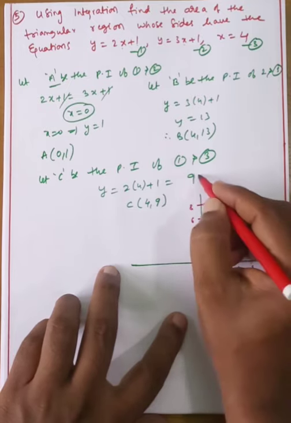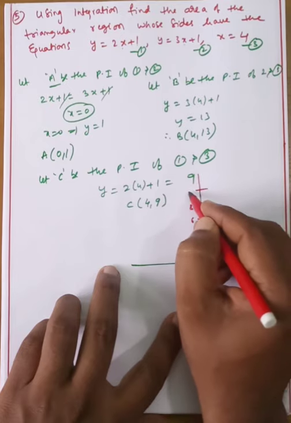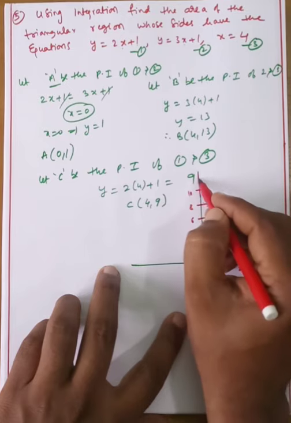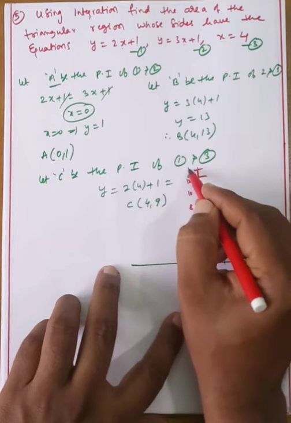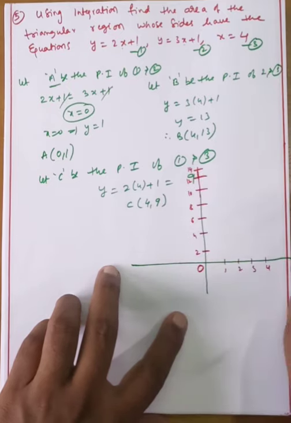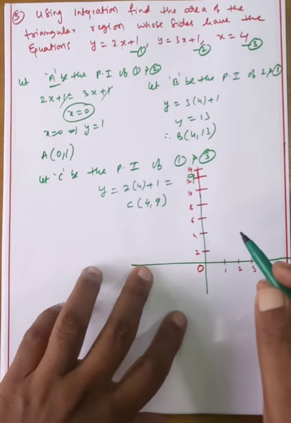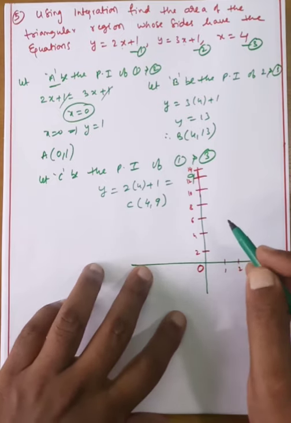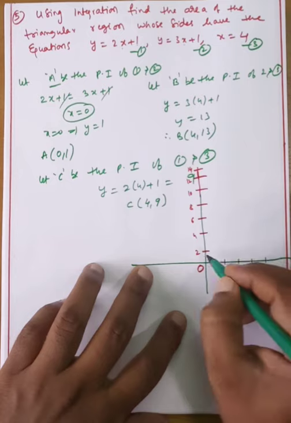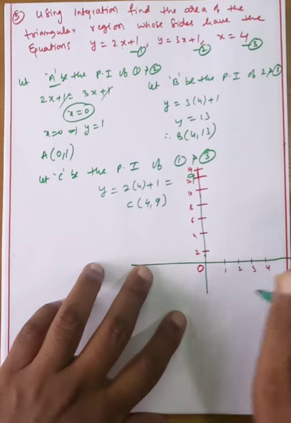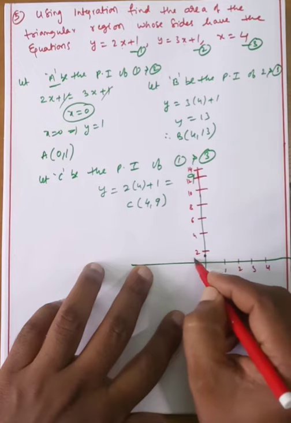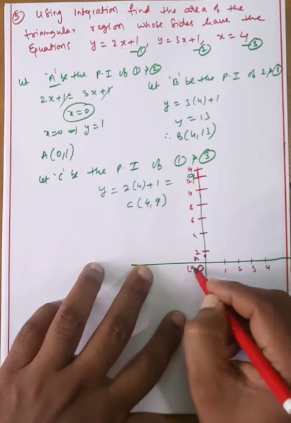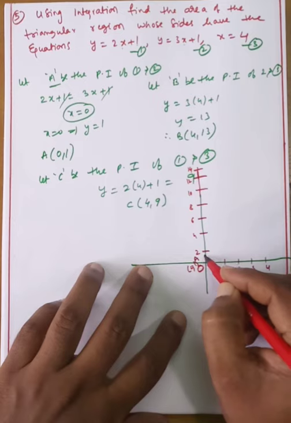Okay, extend, no problem. 10, 12, 14. In this way we will take. Okay, now the first point is 0 comma 1. A, 0 comma 1 means here in this place. Here clearly observe that this is A, 0 comma 1.